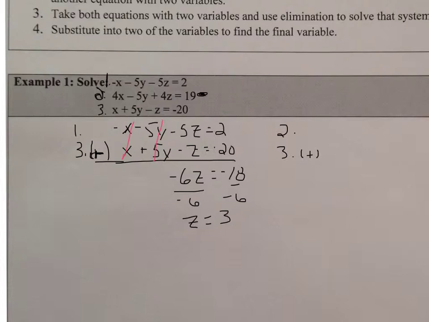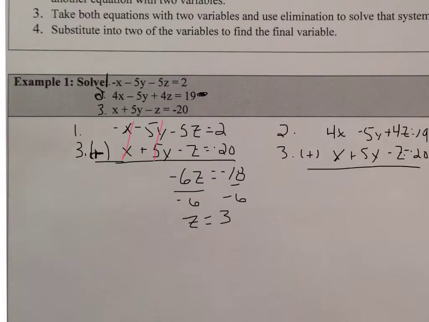And so we're going to get 4x minus 5y plus 4z equals 19, and we're going to add to that x plus 5y minus z equals negative 20.